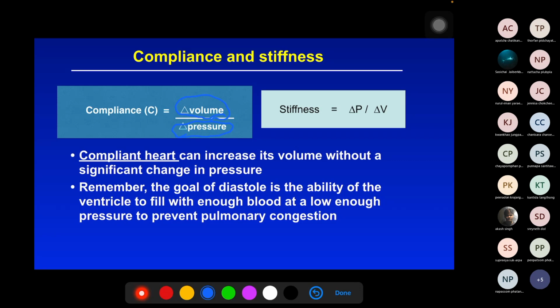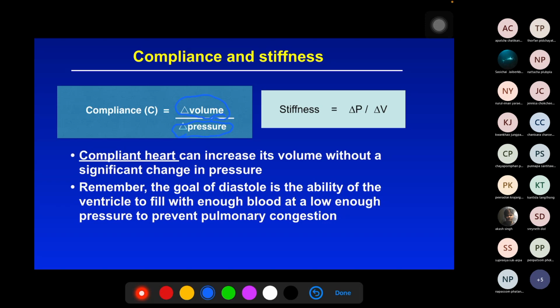In the other way, stiffness is the opposite of compliance. If the compliance is bad, it means the myocardium is quite stiff.